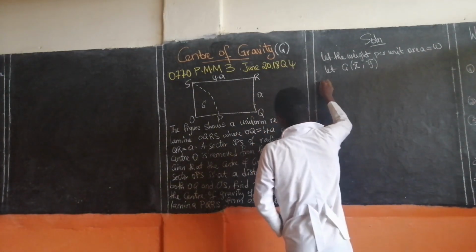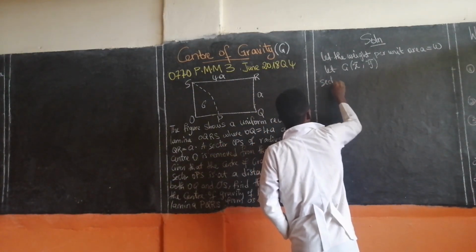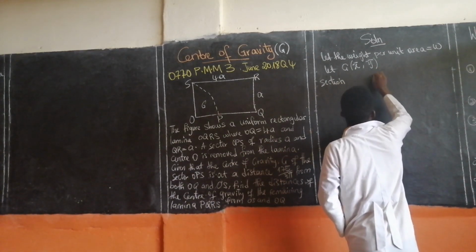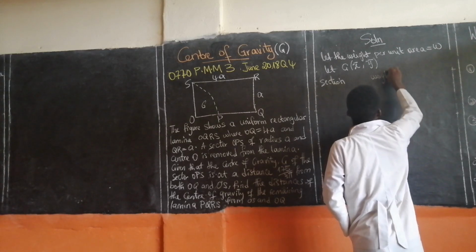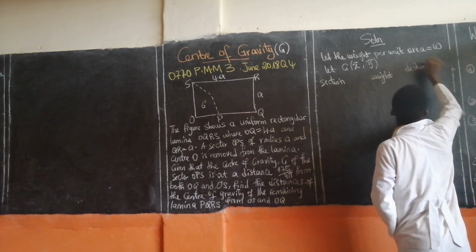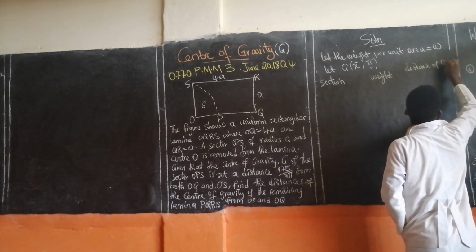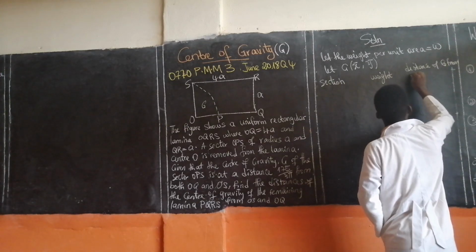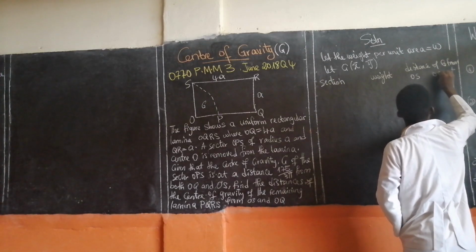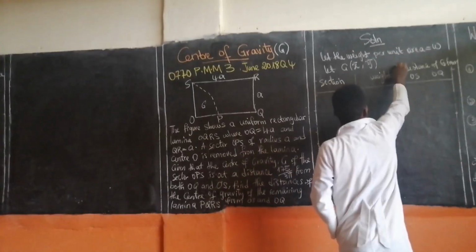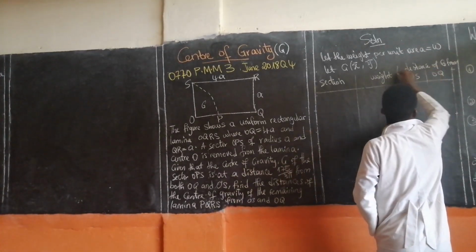We're going to have here the sections, the weight of each section, and the distance of the center of gravity G first from OS and then from OQ. We'll make the table of this form.